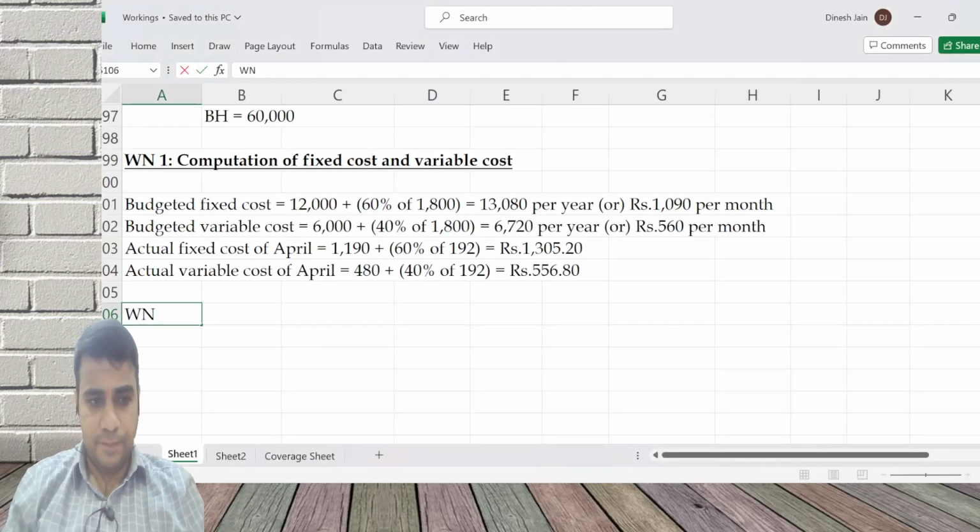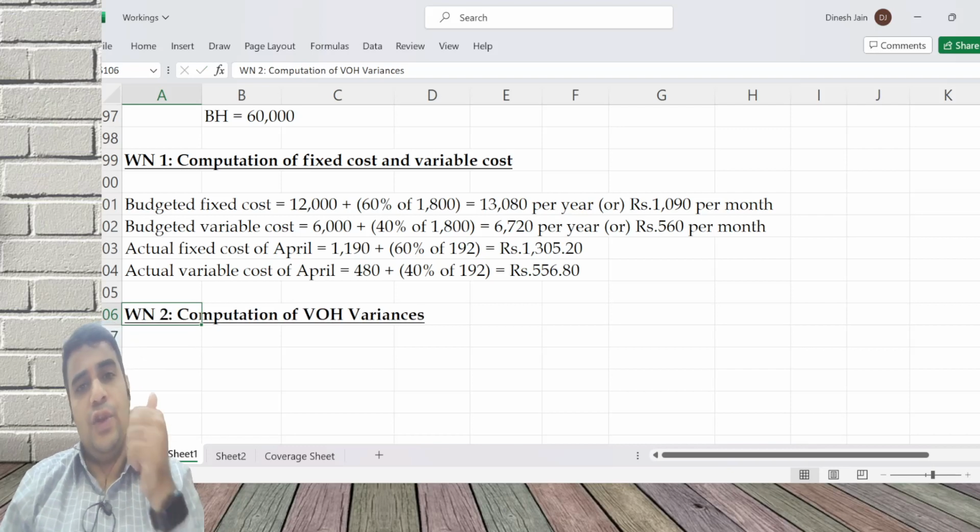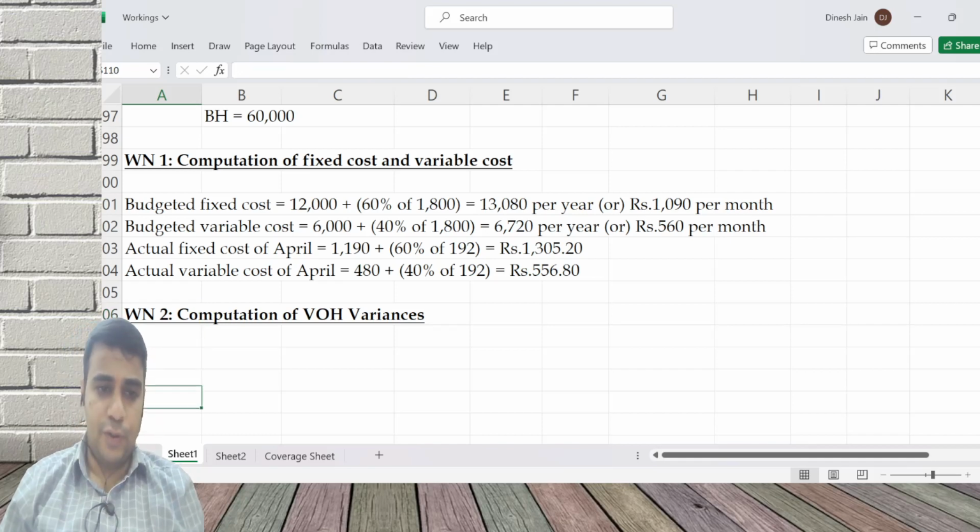Computation of VOH variances. First we will do VOH, then we will do FOH. VOH cost plus FOH cost is the overhead cost variance, both put together.